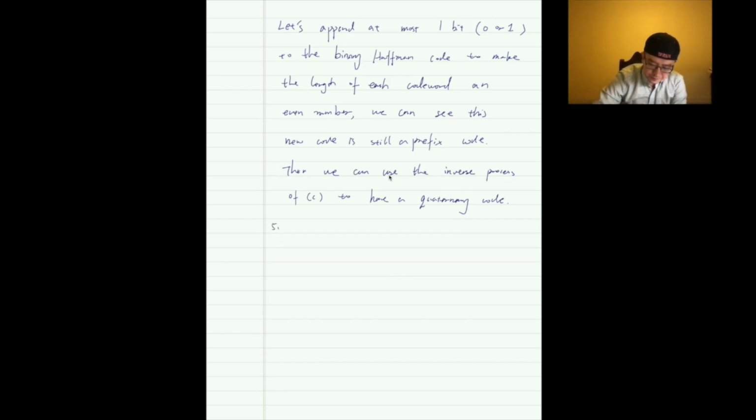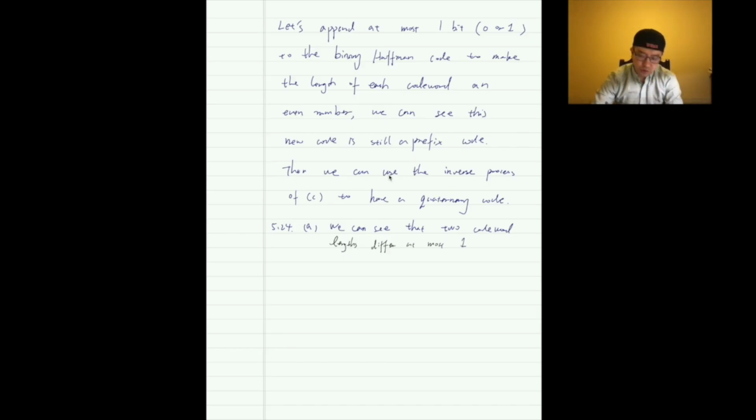Because it's a uniform distribution, if we construct a Huffman code, what we can prove is that two code word lengths differ by at most one.